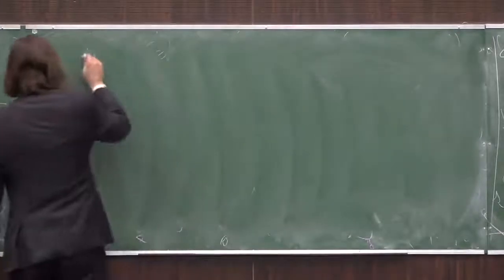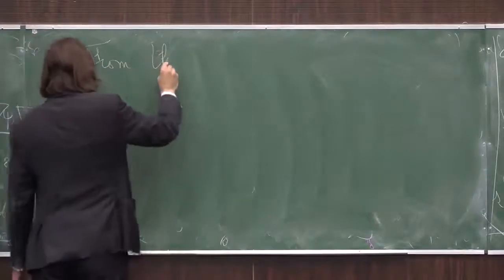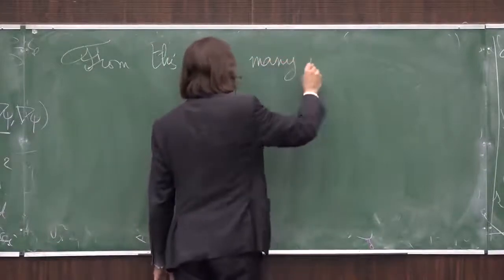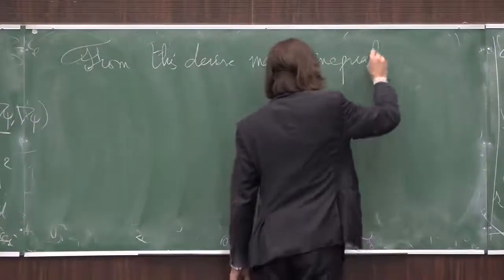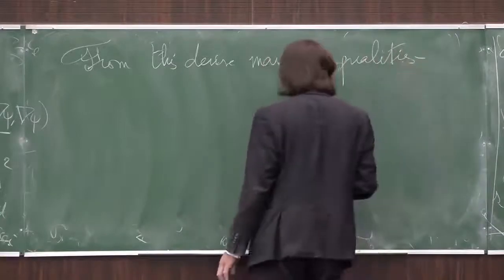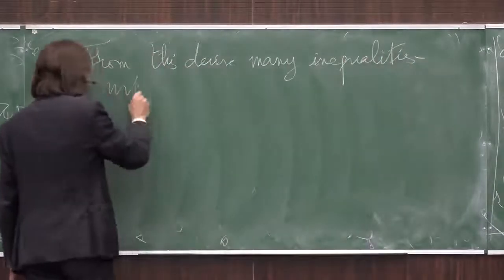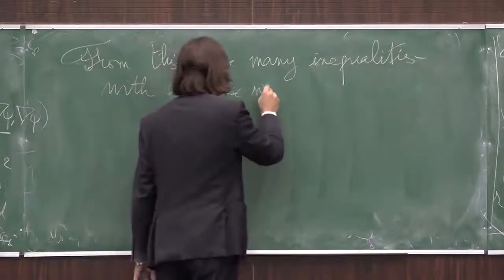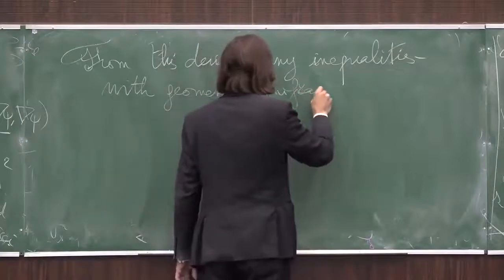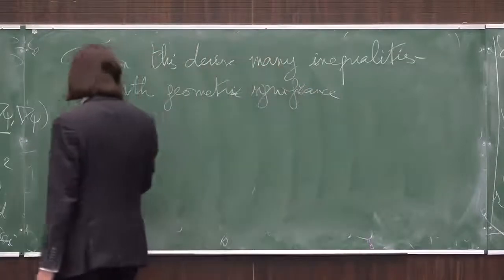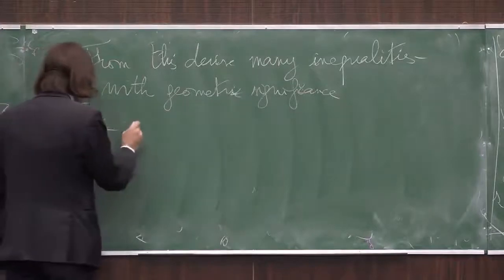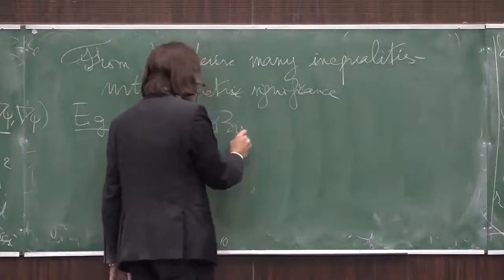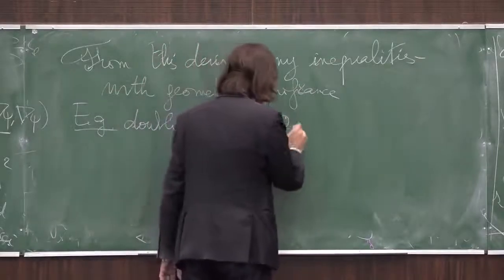From this, you derive many inequalities with geometric significance. For instance, the doubling property and the so-called Bishop-Gromov inequality.